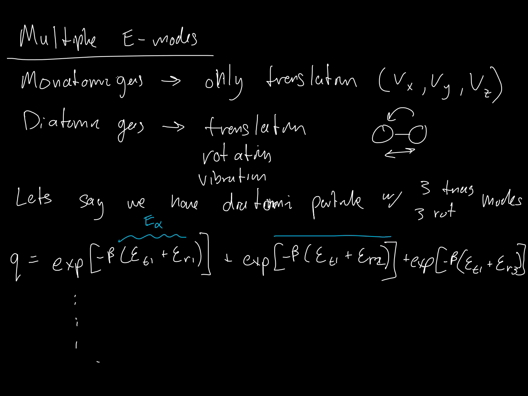And we can repeat this down and repeat this across, and eventually our last entry here, epsilon T3 plus epsilon R3. Right? So we should have 9 total entries into our partition function for a single particle.